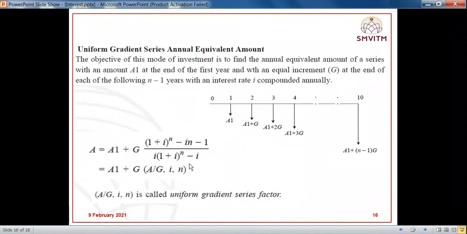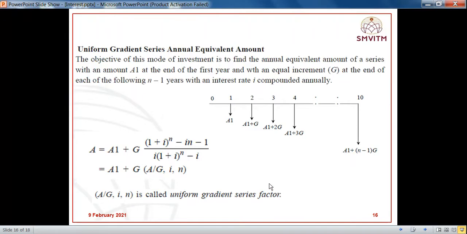Here I is the interest and n is the number of interest periods. Or from the table we can take A equal to A1 plus G into (A/G, I, n), where A/G is the uniform gradient series factor.